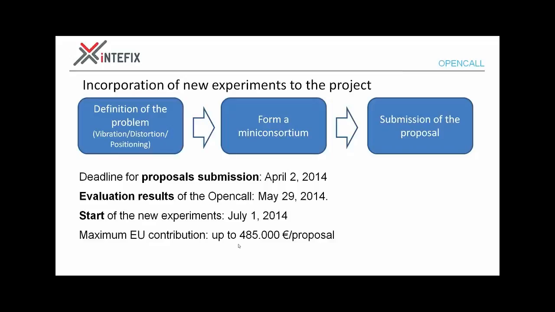If the selected proposals are below this quantity, maybe we can select more than 3. If not, we will select only 3. So this is a maximum EC contribution that you can reflect in the proposal, but it could be lower.